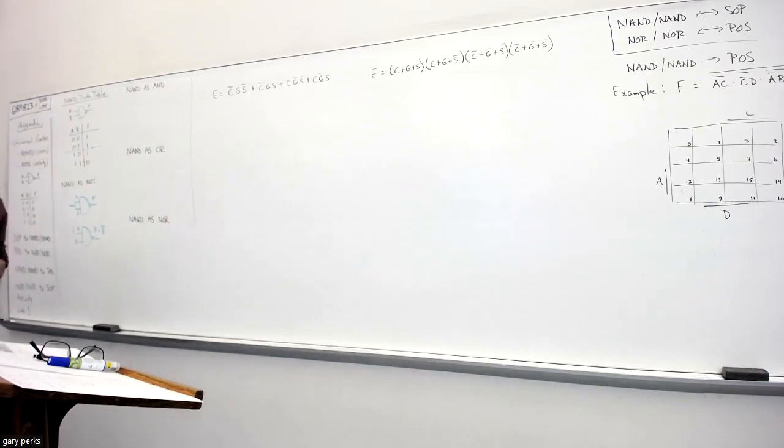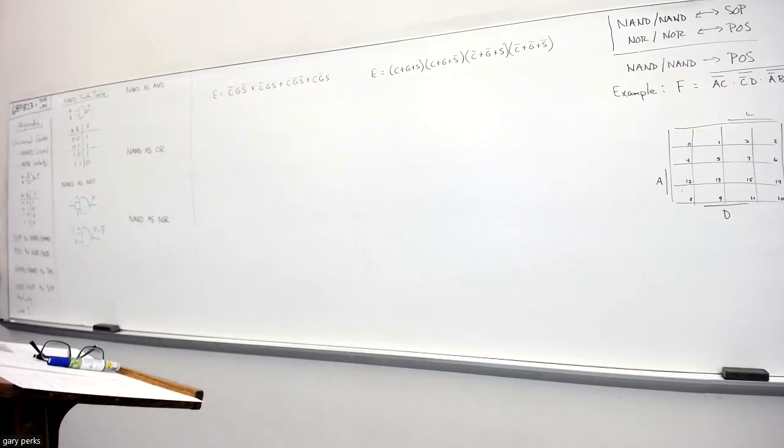NAND is short for not AND. And what is a NAND gate equivalent to that we talked about already? Like what other gate? Actually, two gates. The clue is not AND. You don't remember?